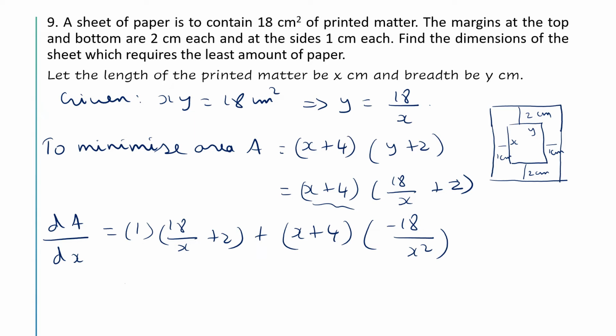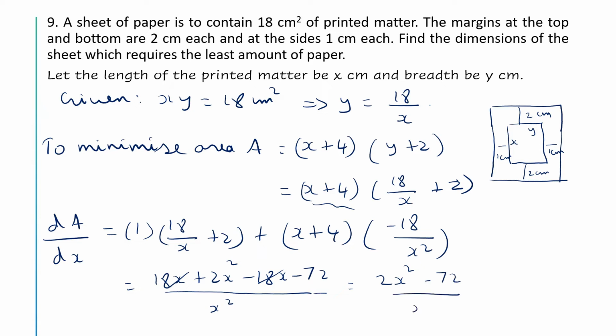So this is equal to, I'm taking LCM as x square, we get 18x plus 2x square minus 18x minus 72. So it is equal to 2x square minus 72 by x square, or it is equal to 2 minus 72 by x square.